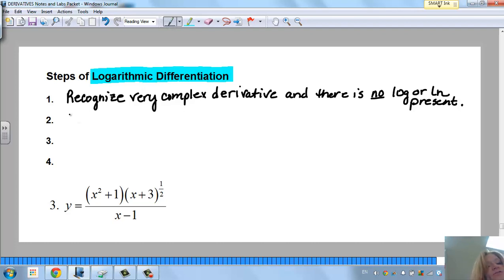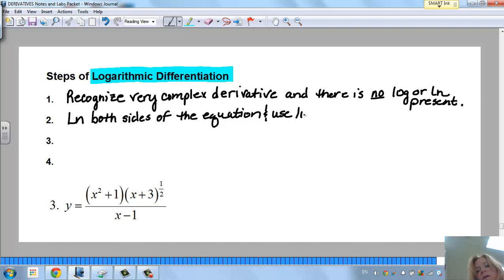The technique is you're going to natural log both sides of your equation, and use logarithmic rules to expand your problem.